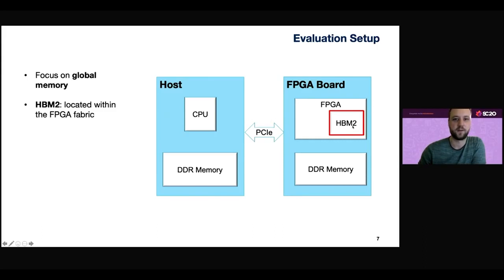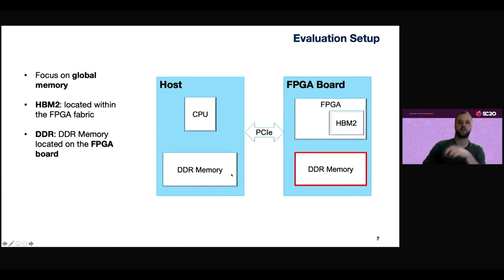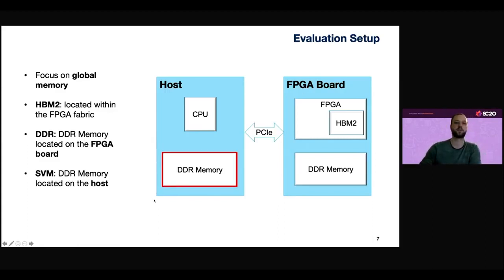Again, we have the high bandwidth memory that is most often located directly on the FPGA fabric. We have the DDR memory, which is the DDR memory located on the FPGA board. And we have shared virtual memory, which means that we actually access the host DDR memory over the PCI Express connection between host and FPGA board.